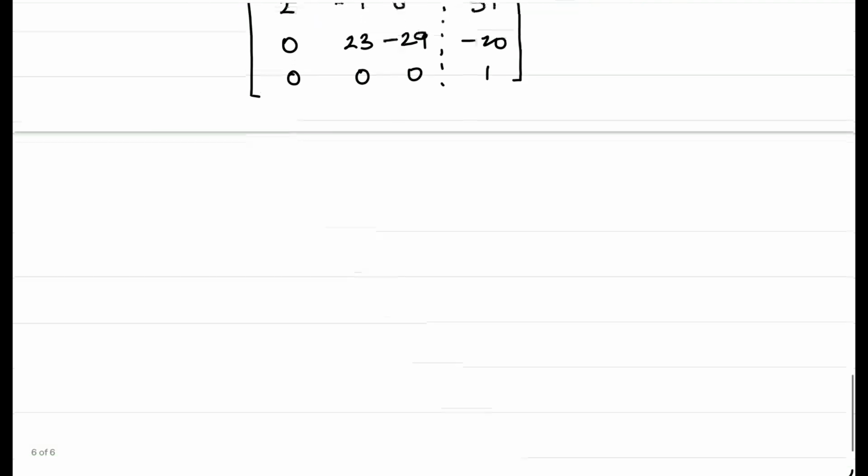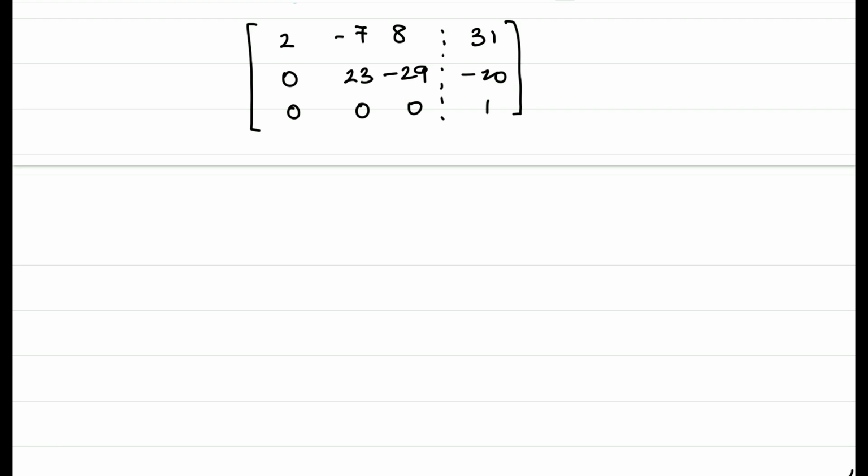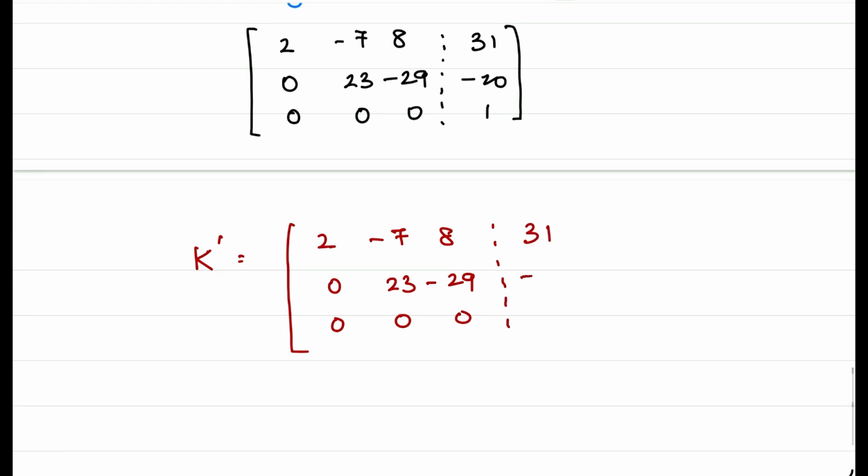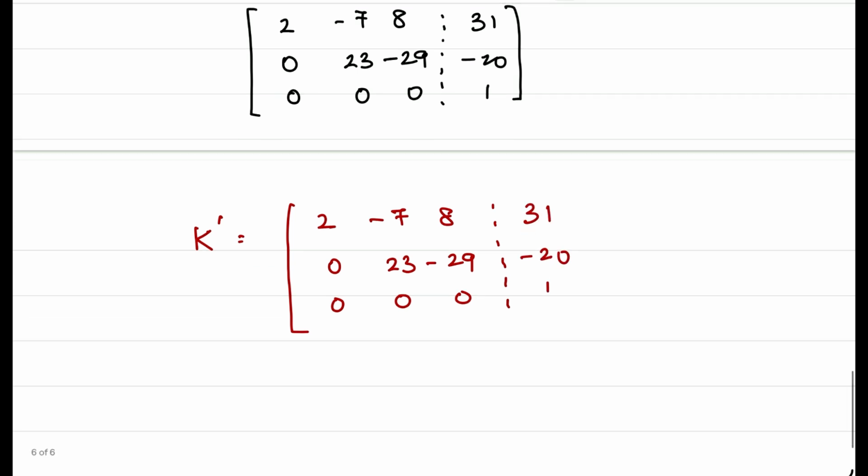Now, what we have got is K dash, after elementary operations, it is reduced to 2 0 0, minus 7 8, 23 minus 29, 0 0, 31 minus 21. Now, you tell me what is the rank.